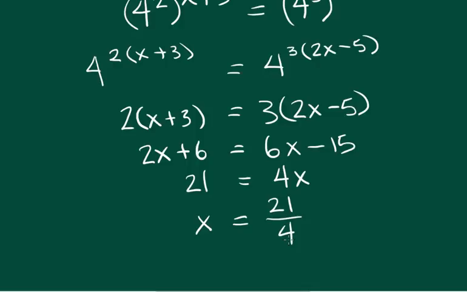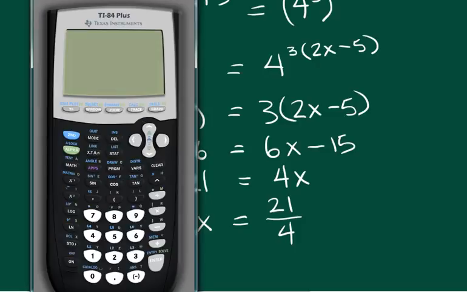Okay, now I need my calculator. I don't suppose it would be impossible for me to check this by hand, but on the other hand I don't particularly want to. So I come back to my calculator, clear out what was there before, and I know that x is supposed to be equal to 21 over 4.